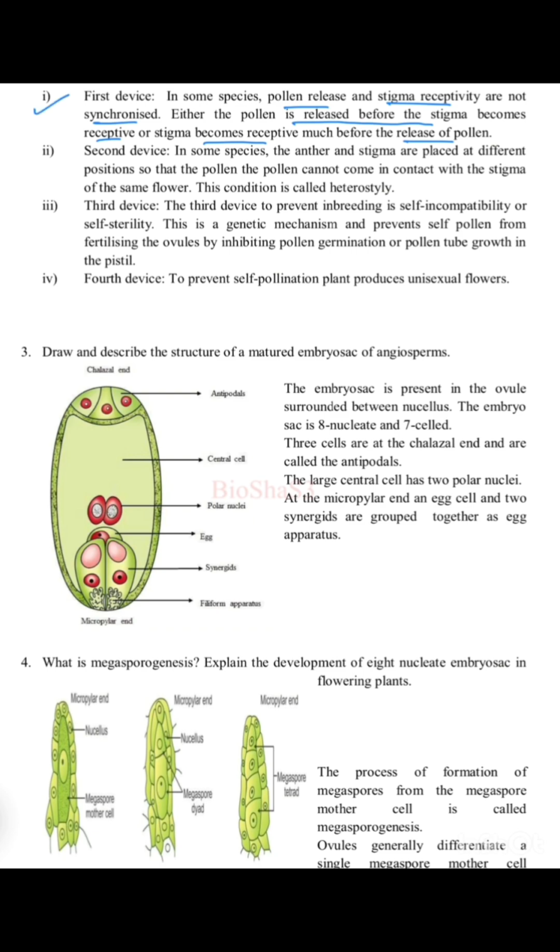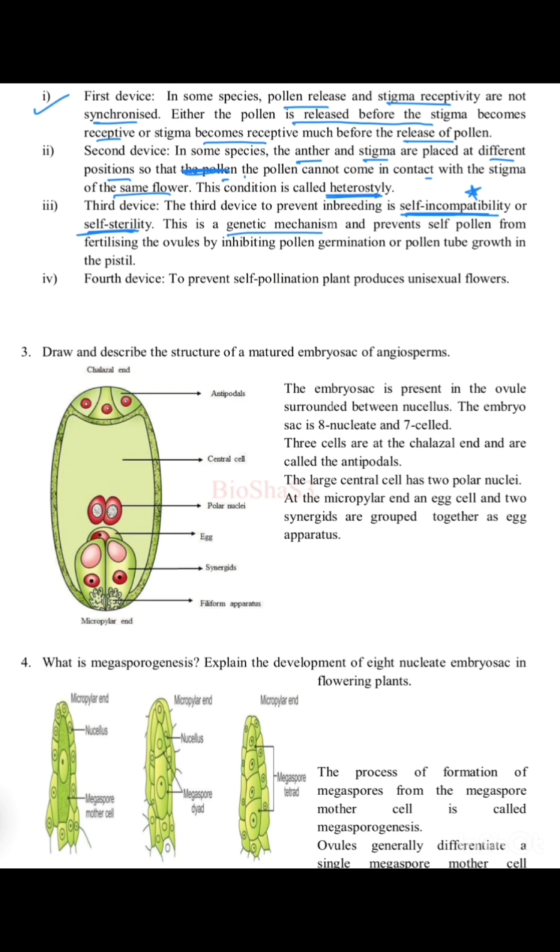Then the second device is, in some species the anther and stigma are placed at different positions so that the pollen cannot come in contact with the stigma of the same flower. This condition is called heterostyly. The third device to prevent inbreeding is self-incompatibility, or self-sterility.